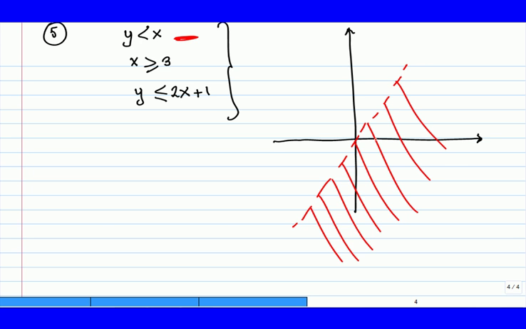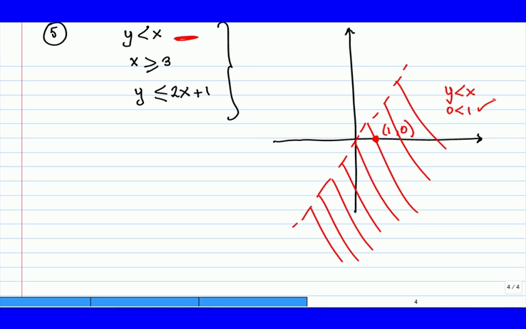For example, let's say I picked this test point, 1, comma 0. I put it in y less than x, so 0 less than 1. Is that true? True. Therefore, I have to shade the side that contains that point. That's the test point method.